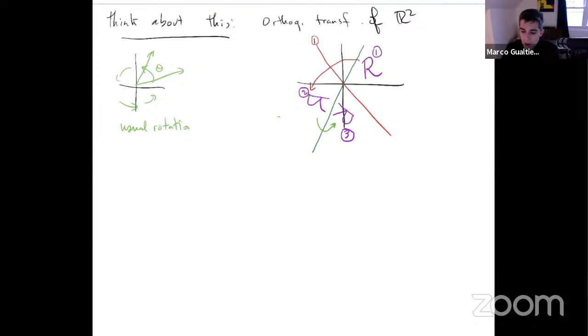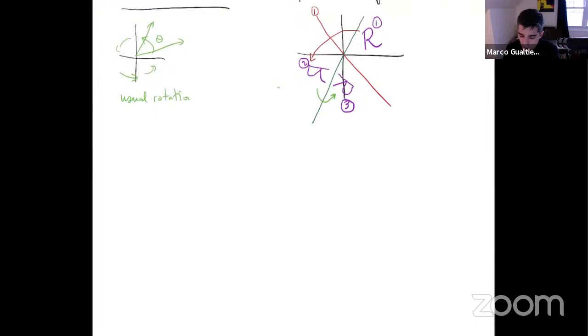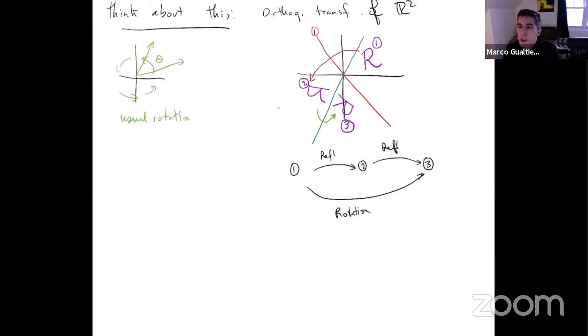Okay, so from 1 to 3, we get a rotation. What is the angle by which this thing is rotated? So don't answer. My question is, what is the angle? Here's the puzzle question.